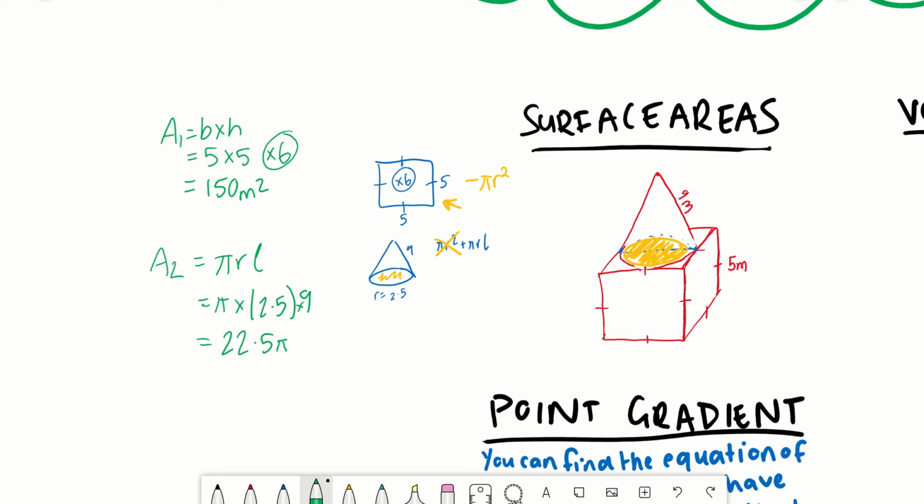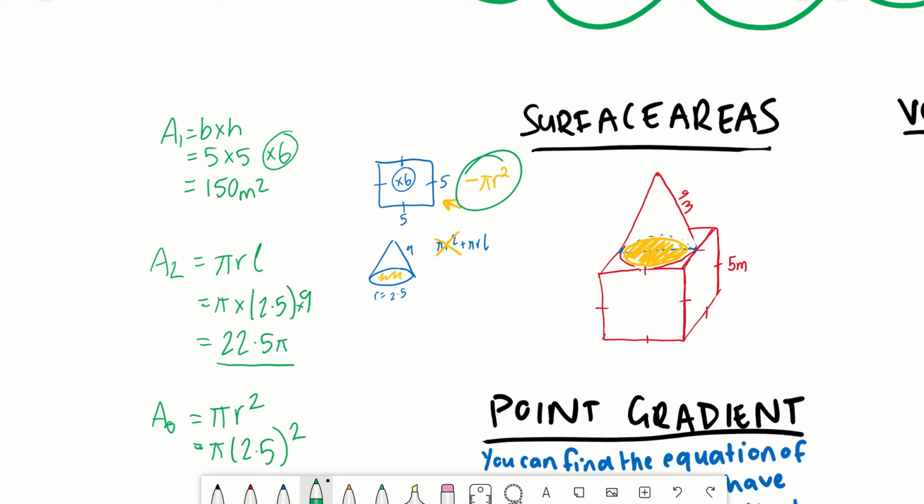Now, one of 2 things I want here. Because you're not finished with the answer, I'm going to leave it in terms of pi. Otherwise, if you did a decimal, I want quite a few decimal places written out. Either way, doesn't matter. But then don't forget the area of the circle that I need to subtract off, which we talked about up here, is just going to be pi lots of 2.5 squared.